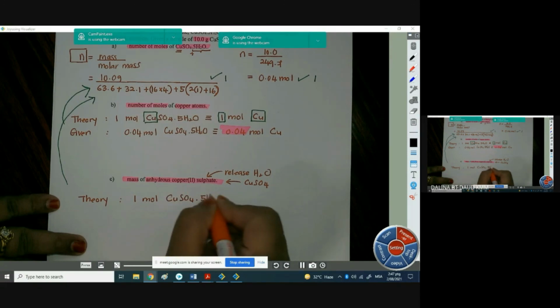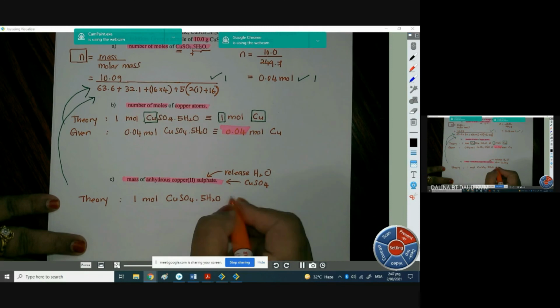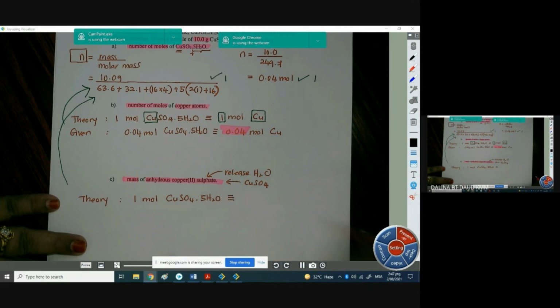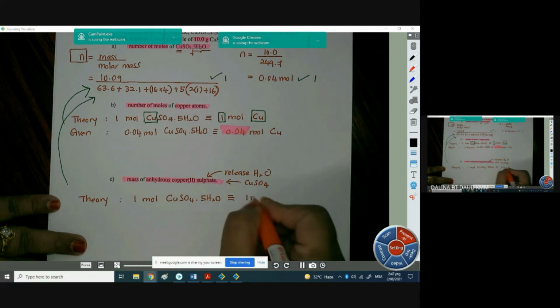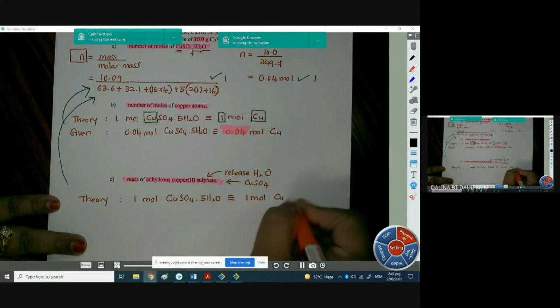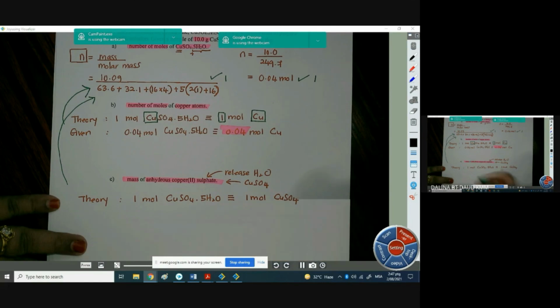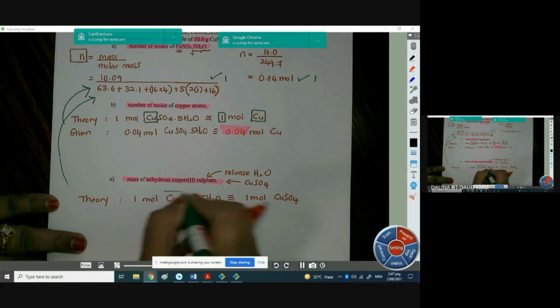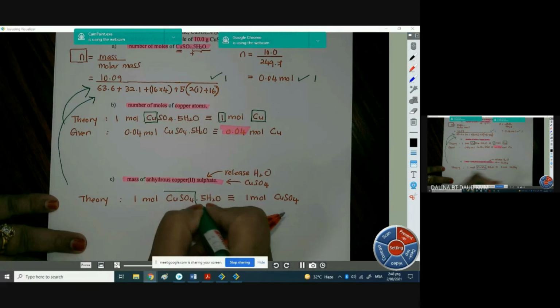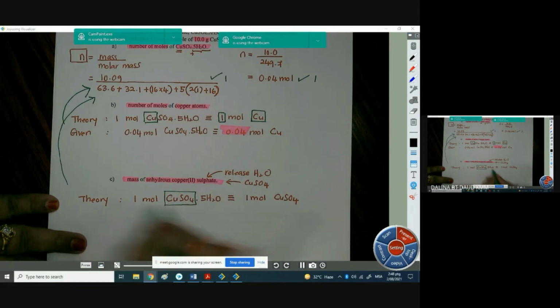Make sure to show the relationship with a triple line, not a double line. Double means calculation, where you have done the calculation; that is the final answer. So this is equivalent to 1 mole of copper sulfate, because we only have 1 mole of copper sulfate in 1 mole of hydrated copper sulfate.